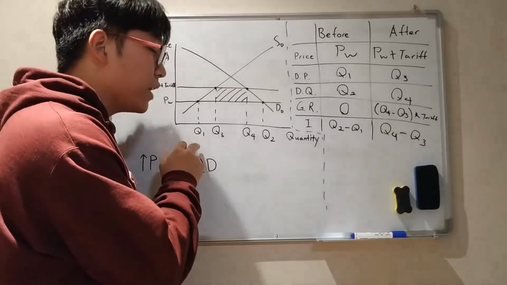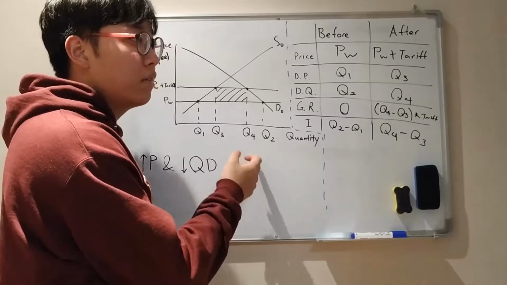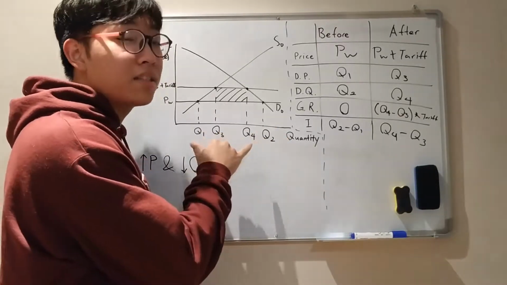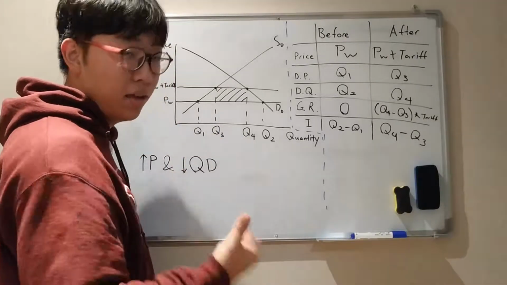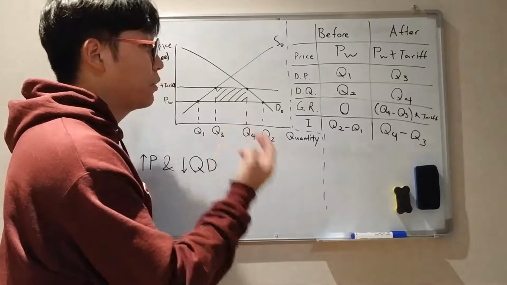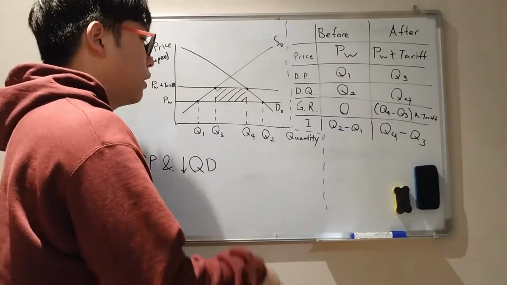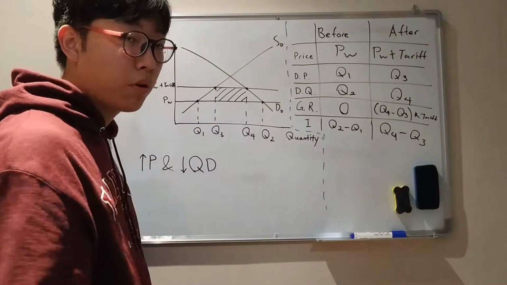So as you can see, the Q1 is so far left compared to Q2. Now, they have to satisfy this huge gap, and that huge gap is fulfilled by imports. That's why Q2 minus Q1 becomes the import before tariff. Now, same goes for after the tariff. After the tariff, if you subtract Q4 and Q3, that little gap is going to be the import amount.